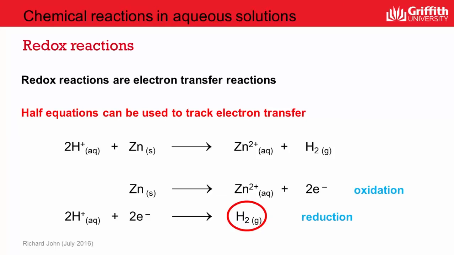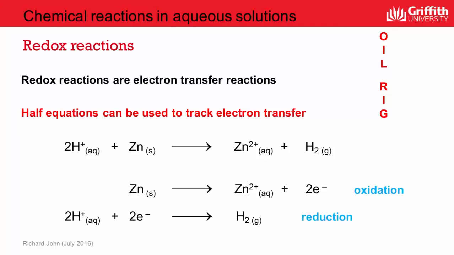So half equations are both mass balanced and charge balanced. We've never had to worry about equations being charge balanced before, but in redox equations it becomes very important. This second equation is the reduction half equation. Reduction means gain of electrons, and the 2 electrons on the left-hand side mean that the H+ ions have gained them.